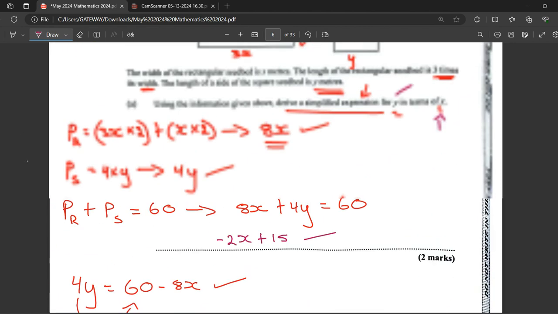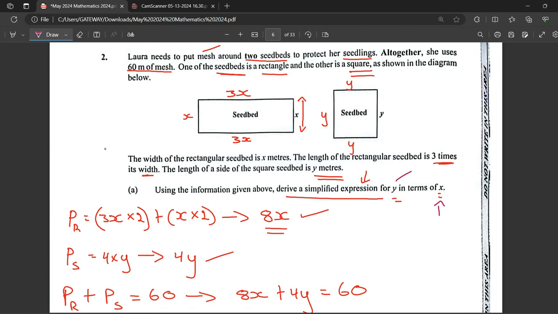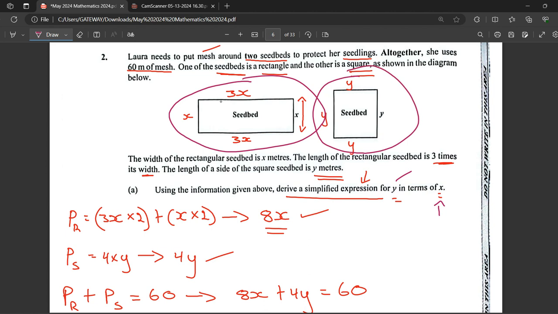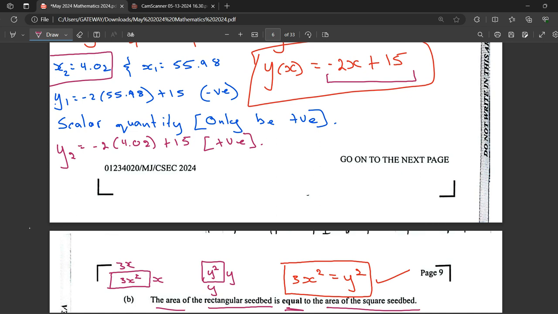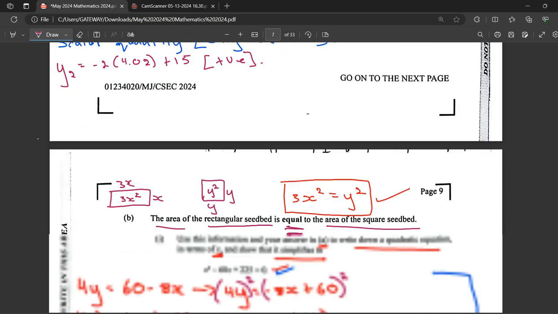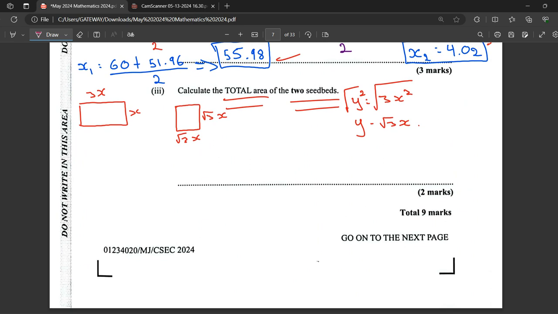And if you plug in 55.98 for x, and work out the perimeter of this rectangle and the perimeter of this square and add them up, I show you, you would get something greater than 60, which would never make any sense. So that's another way you know you're not supposed to use that x value, apart from getting the negative value here. So we're just using x equal to 4.02. That is the only valid solution of x we could use in this type of question.